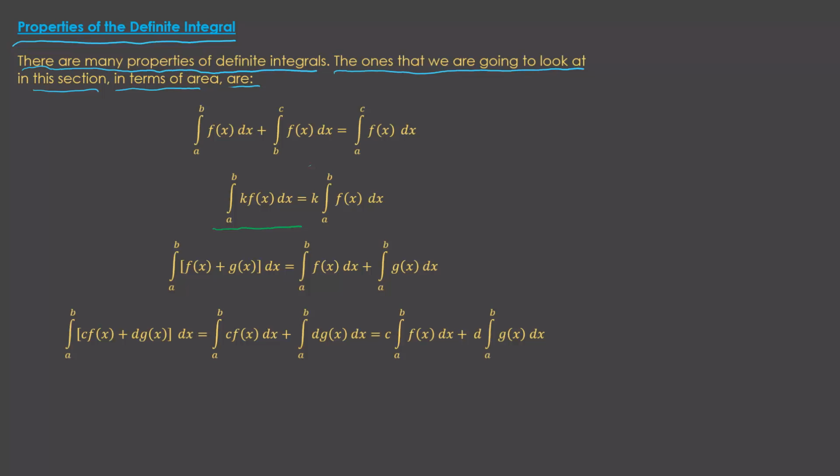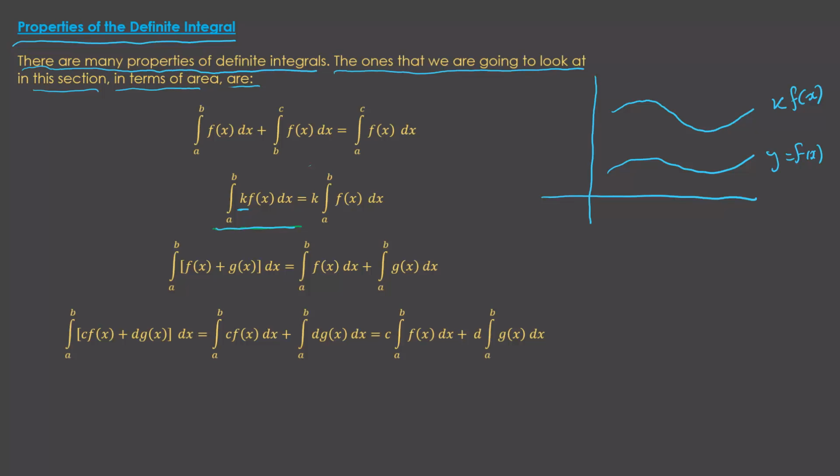So what is k times f of x? Well, once again, if we've got our f of x graph here, then we know that kf of x is a vertical dilation of that graph. So kf of x might look something like this.